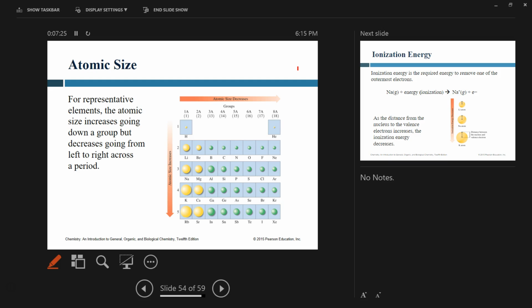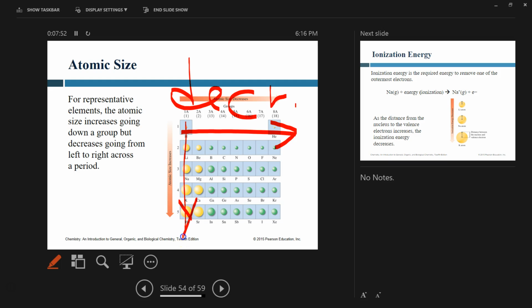It may not be up to scale, but it gives you a pretty good idea that the size of the representative elements, and that's important, representative elements, we are not talking about transition metals, decreases from left to right and increases from top to bottom. That idea makes sense? Awesome.